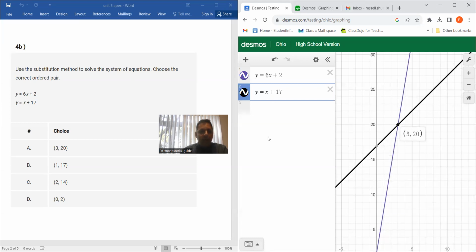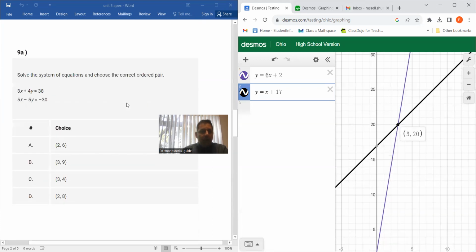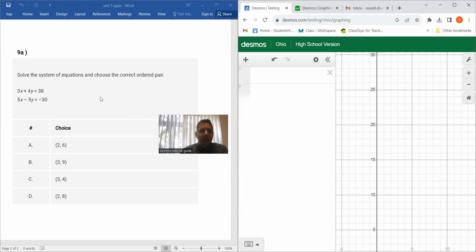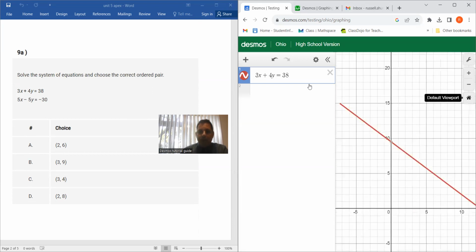Just put them both in there and realize that the answer is 320. This one says to solve the system and probably asks for elimination. Again, you don't care. And notice it doesn't even matter if the y is by itself. These can be in standard form, and Desmos is going to do just fine.